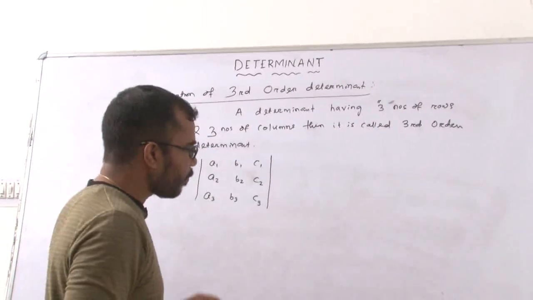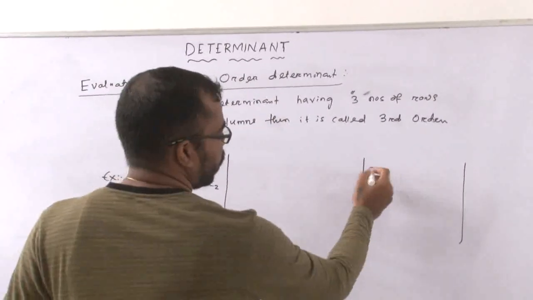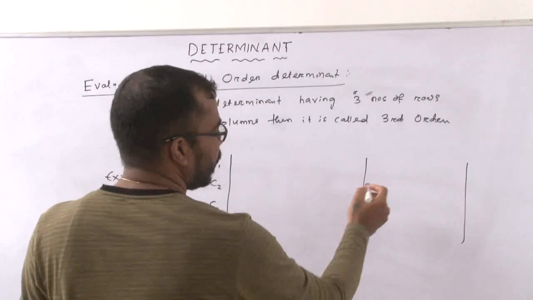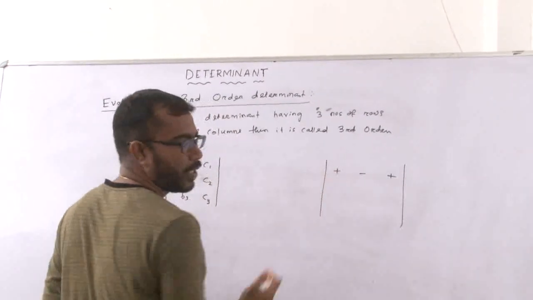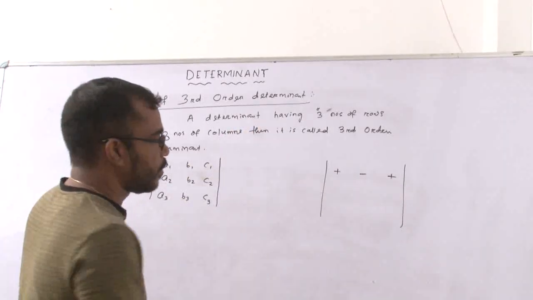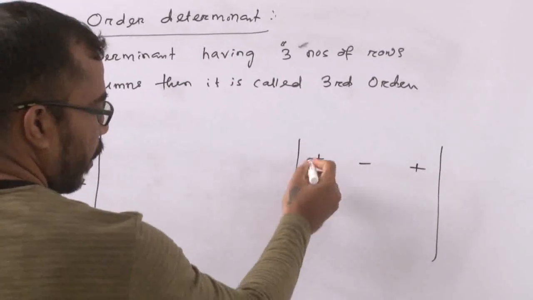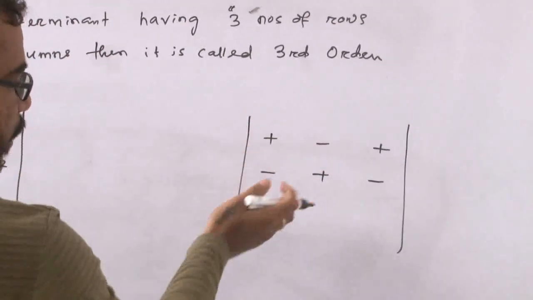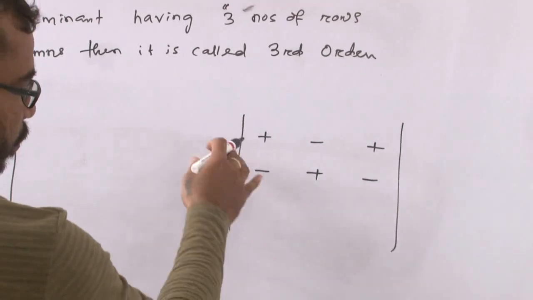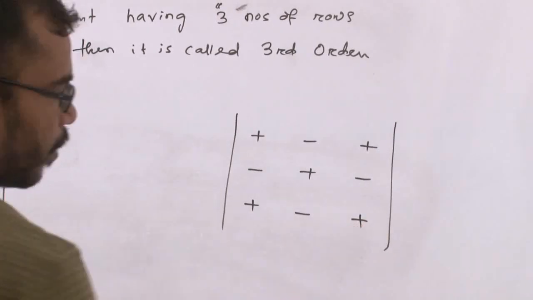Now, first take the signs of these elements. The signs go alternately: first plus, then minus, then plus. Next row: minus, plus, minus. Then again alternately plus, minus, plus.